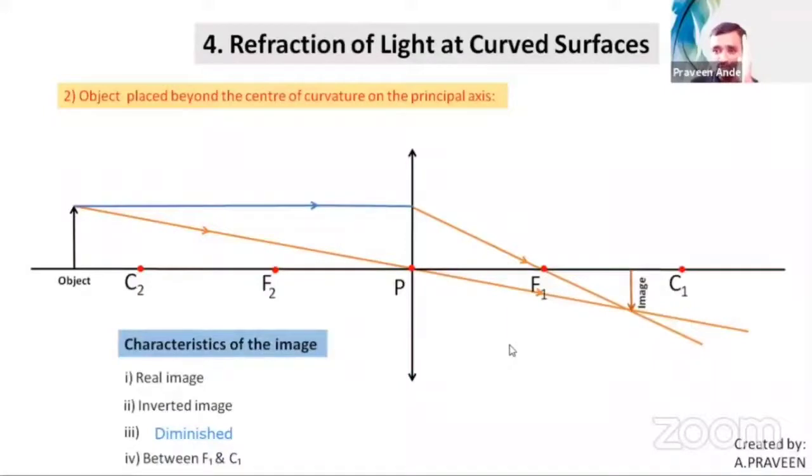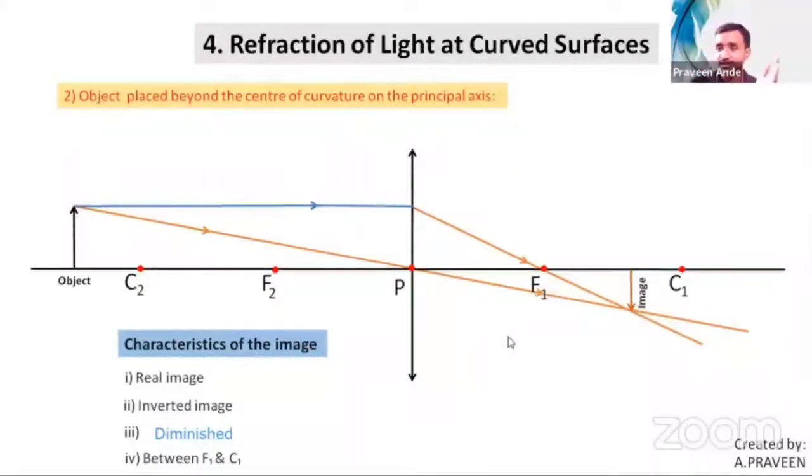So after drawing any ray diagram using any lens, you have to write these four characteristics related to the images. What are they? Is it a virtual image or a real image? Then is it an erect image or an inverted image? Real means it is on the other side of the lens.